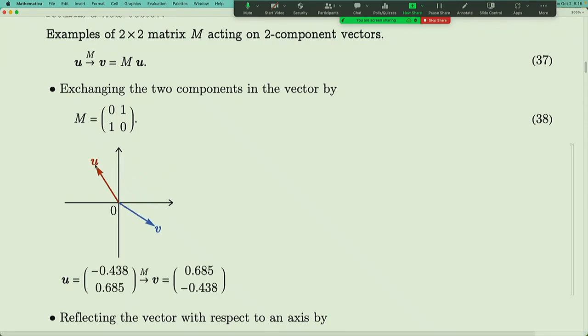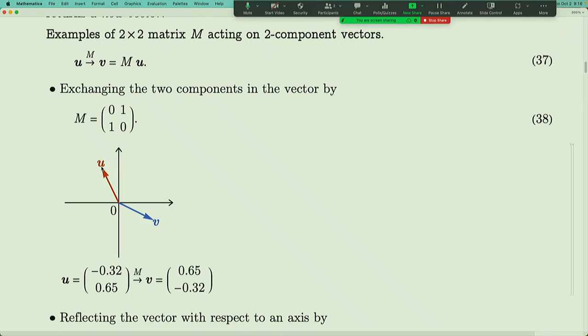So if U vector is like this, when you exchange X and Y component, it becomes another V vector like that. So if you drag these vectors around and take a look, what happens actually is it seems that there's an invisible plane along this diagonal direction that U and V vector are simply reflections of each other, with respect to this diagonal plane, right?